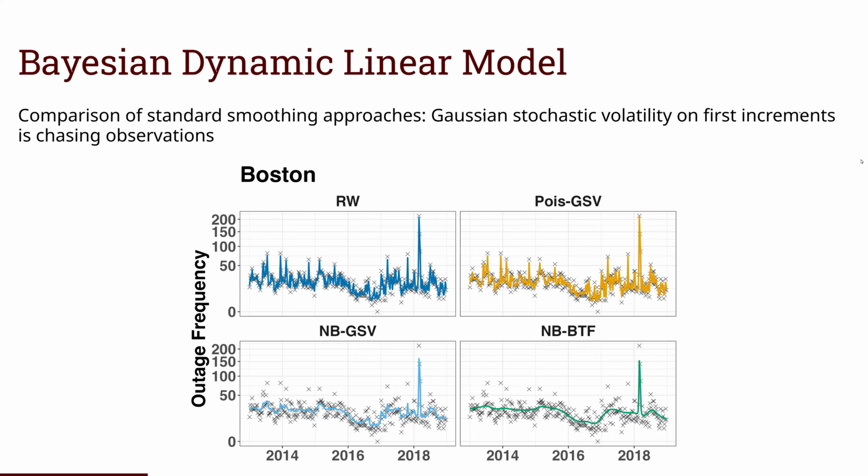Even though the evolution is in the latent process, it's still very much following the data. As we go across, the upper right and bottom left are both using Gaussian stochastic volatility for the increments, but with Poisson likelihood and negative binomial likelihood, those are 2 distributions we considered for modeling the counts.